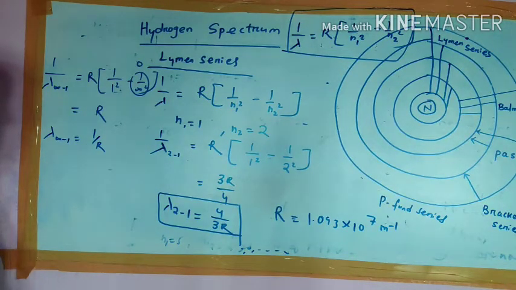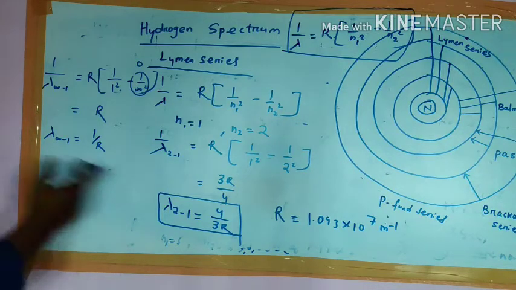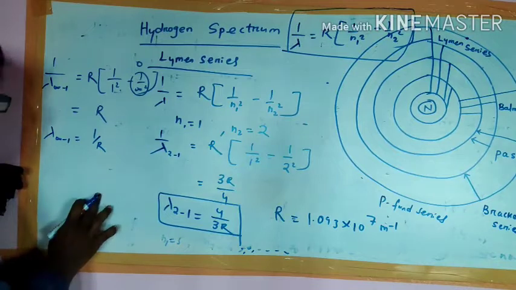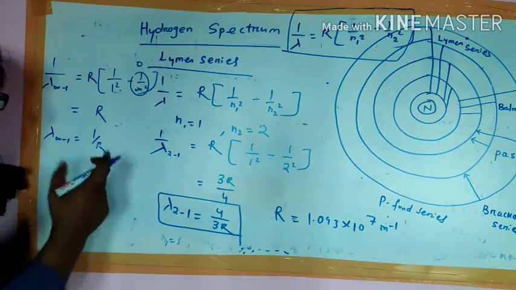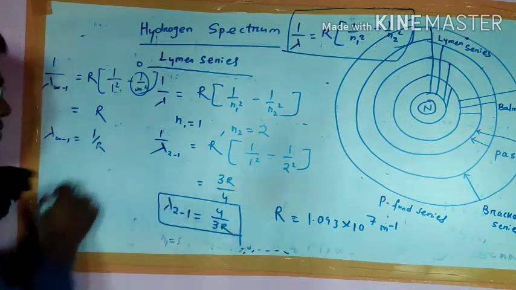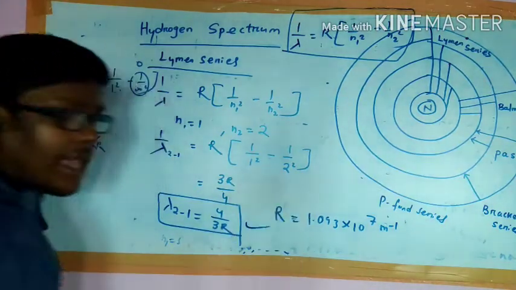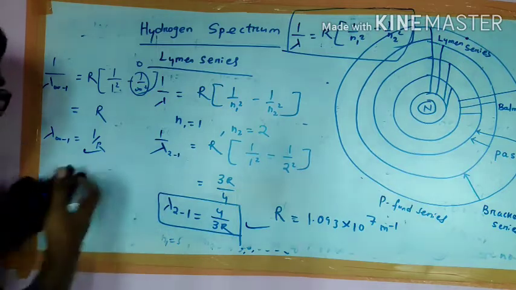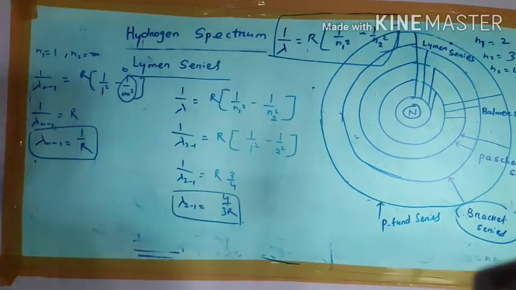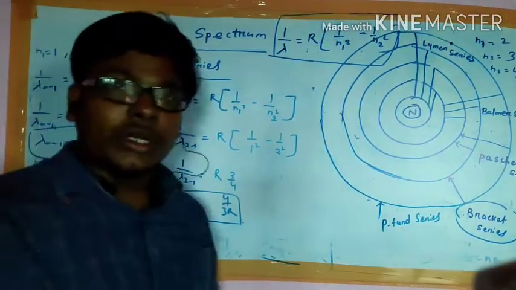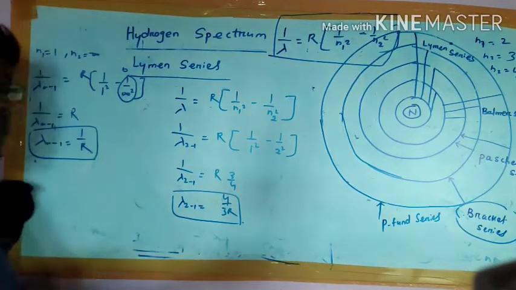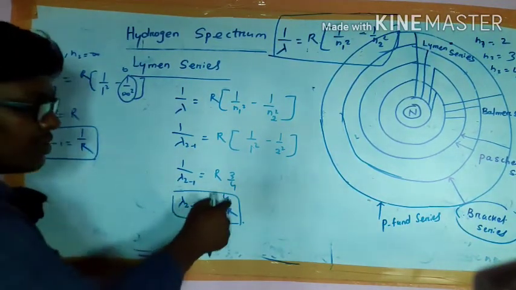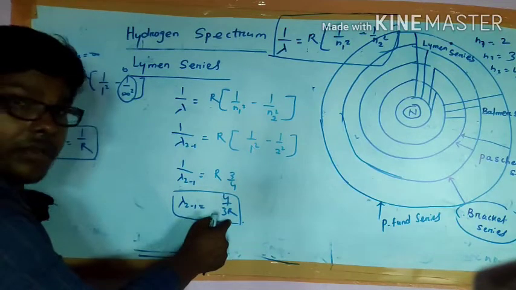So here you can find this is 4 by 3R, this is 1 by R. So this value is the higher value, this is the lower value. Clear? So what I saw, lambda infinite to 1 is equal to 1 by R, lambda 2 to 1 is 4 by 3R.